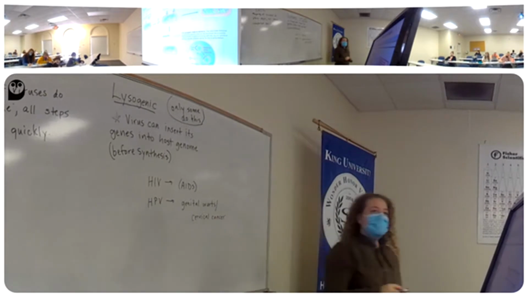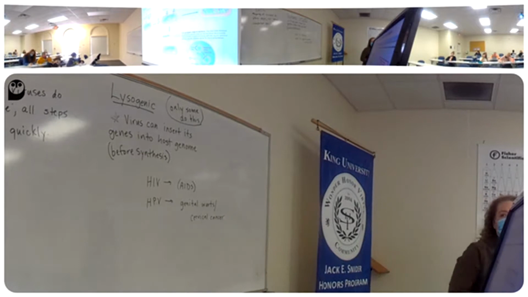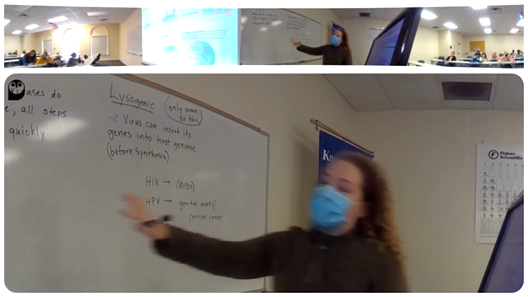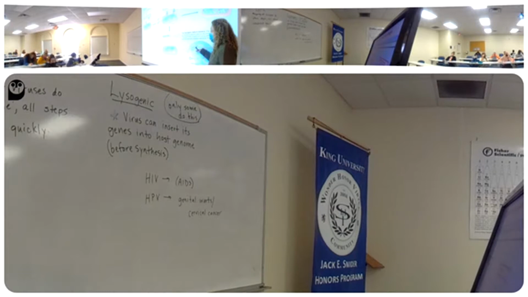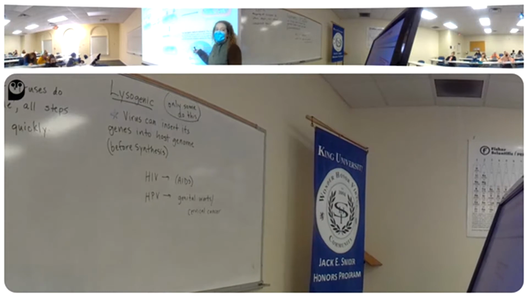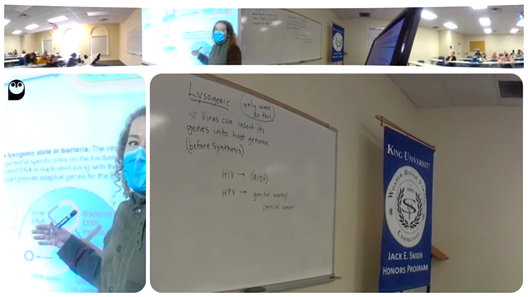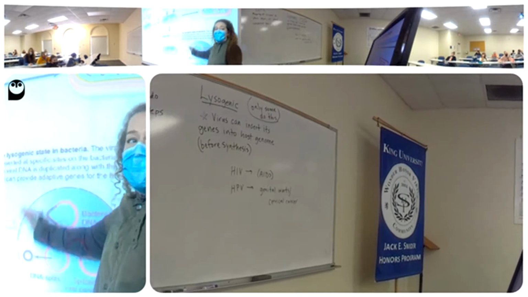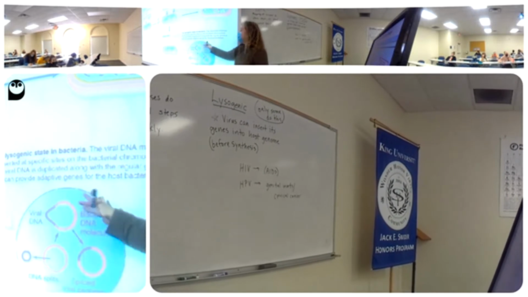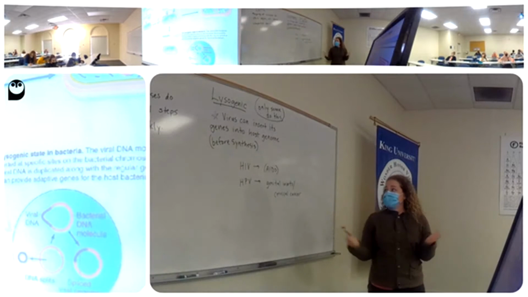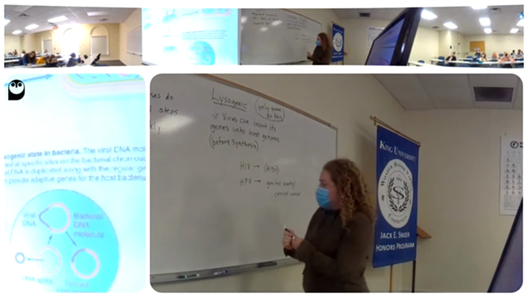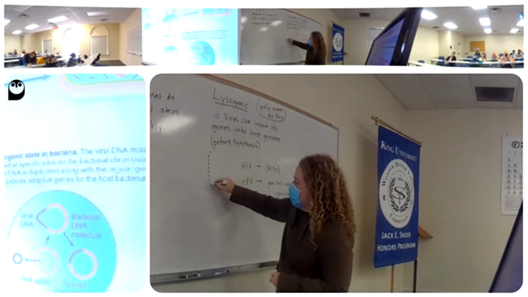Those are two examples of human viruses that act like this. So once the viral genes are in with your DNA, they can sit there for some amount of time. That's what lysogeny is. You've got viral genes in with your genome, and those genes are just sitting there in your genome.